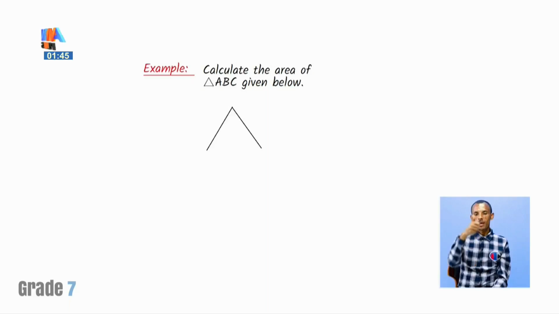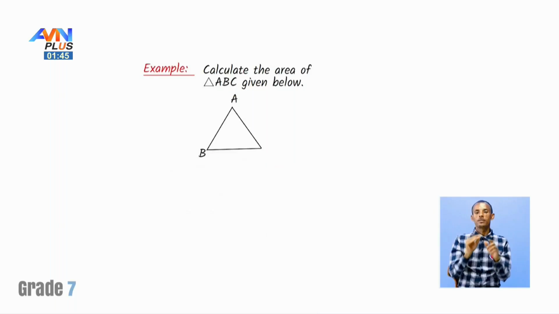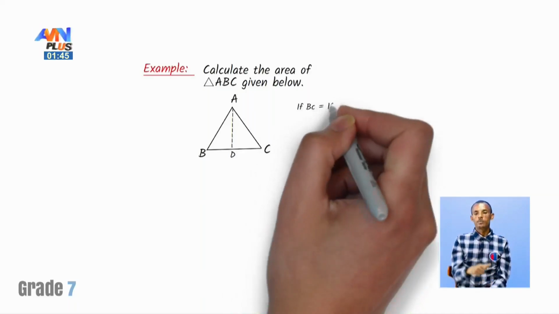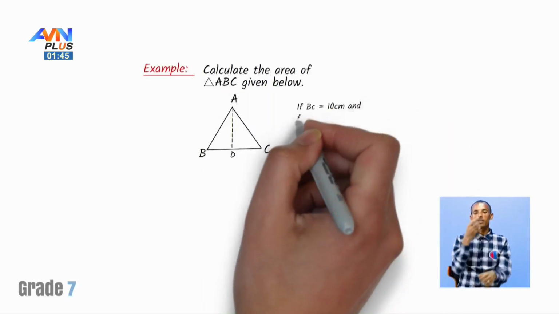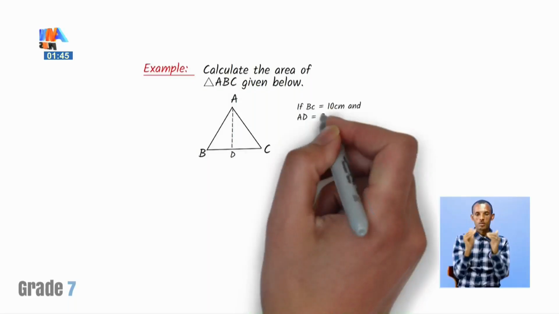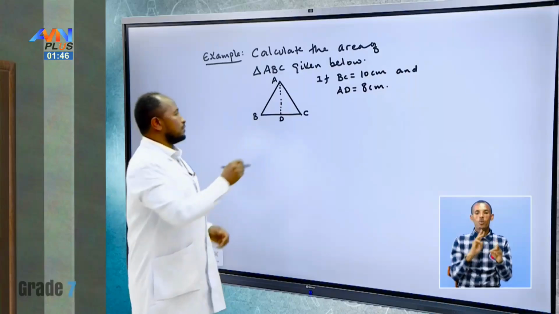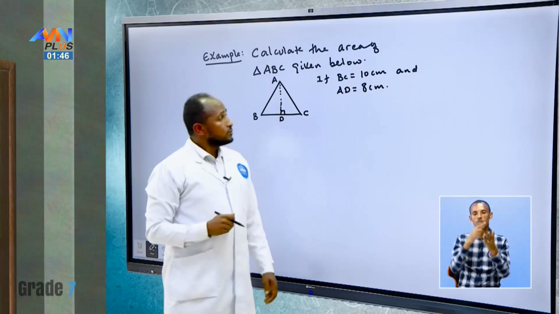This one is A, B, C, and this distance, let's assume, is AD. Calculate the area of triangle ABC if the length of BC is equal to 10 centimeter and the length of AD is equal to 8 centimeter. So how do you calculate the area of this triangle? Please students, try this question. I'll give you 20 seconds for this question.